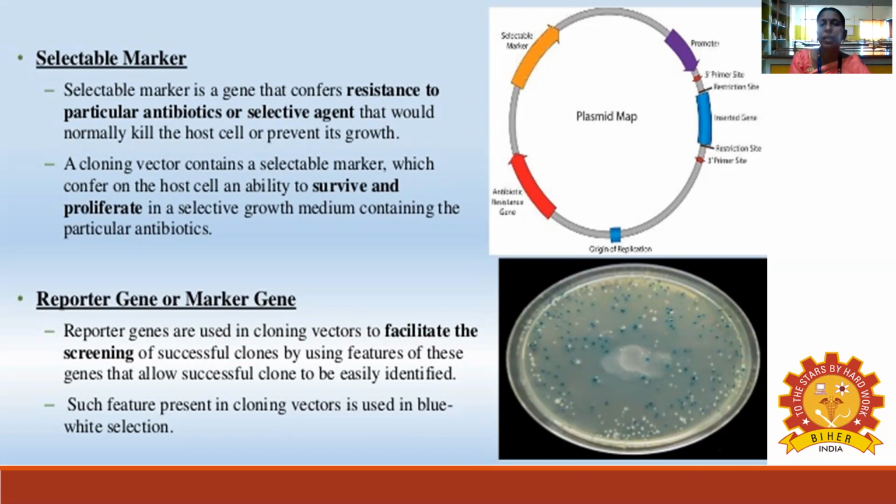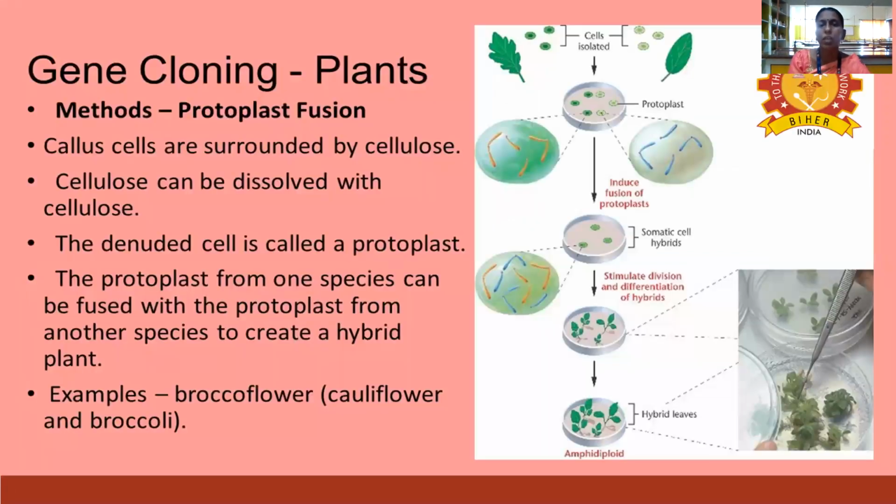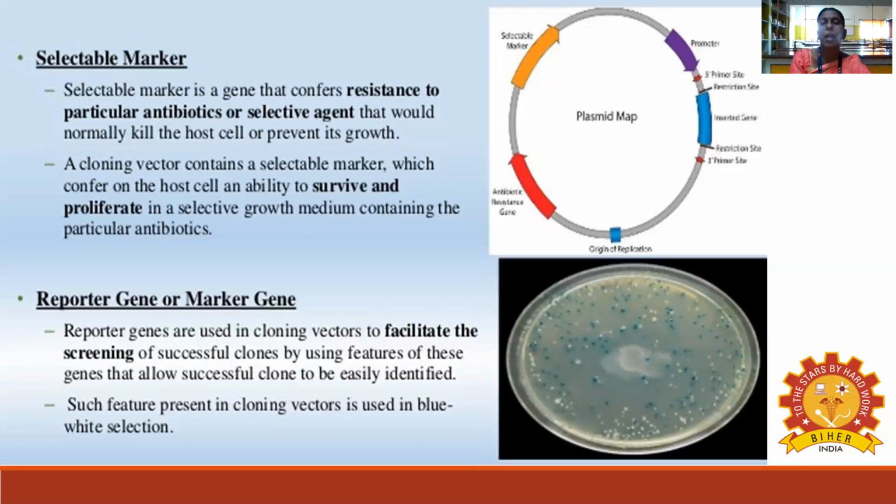So the cloning vector itself contains the selectable marker, which confers on the host cell an ability to survive and proliferate in the selective growth medium containing the particular antibiotic. So if you are taking the plasmid, it has the antibiotic resistance.